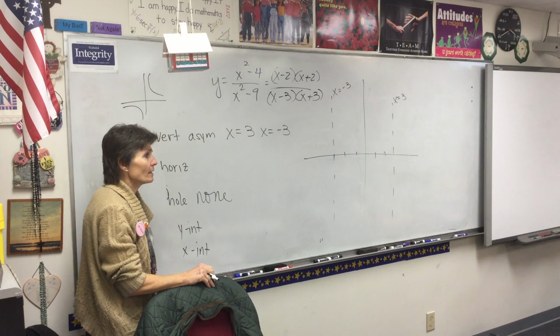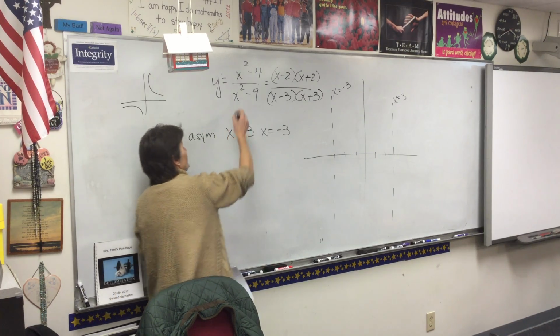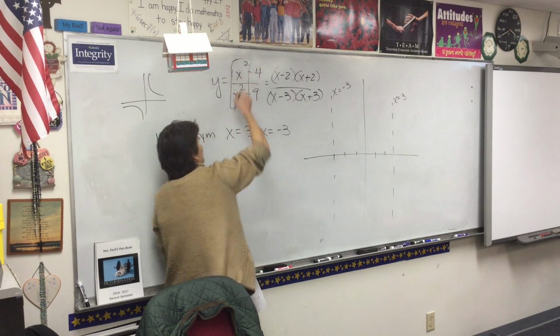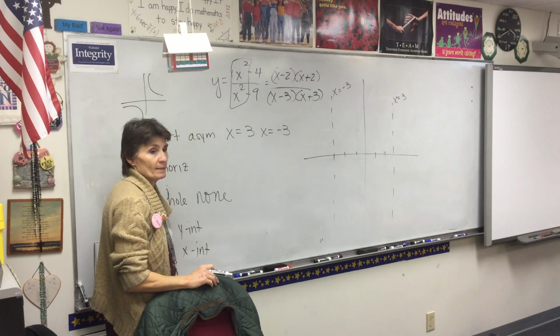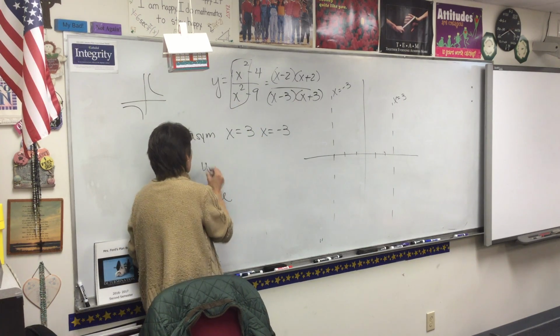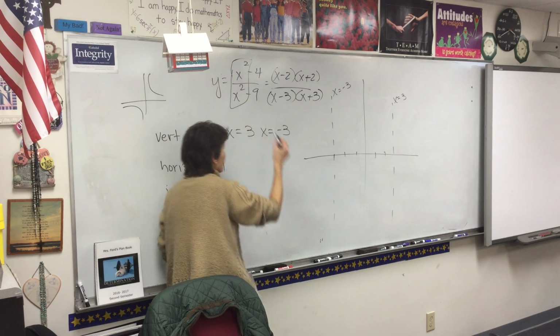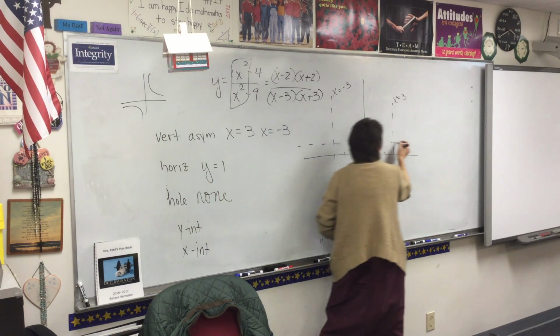Now for your horizontal asymptote, I think it's easier to look at the original problem. What's your horizontal asymptote going to be? 1? Because it's x squared over x squared.